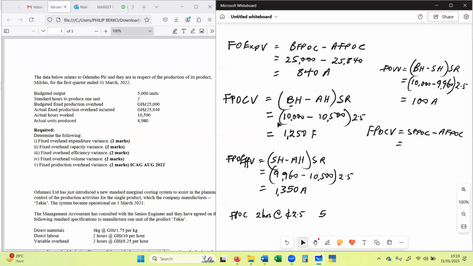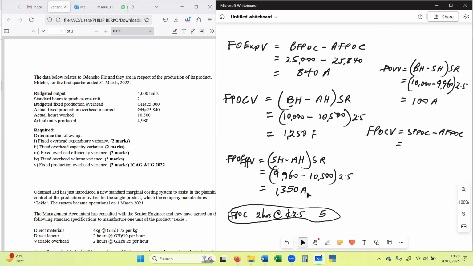All right. Thanks. So I was asking, if you want the standard fixed production overhead cost, we will use these 5 to multiply what? The actual units.